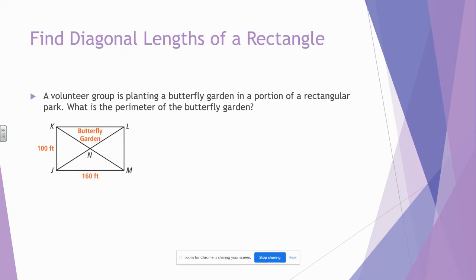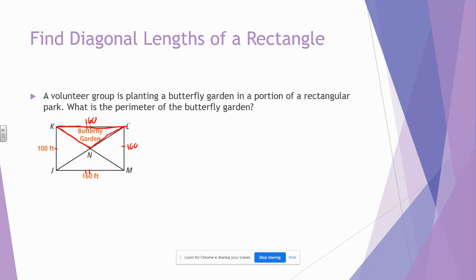Example 4. Let's go through this one. A volunteer group is planting a butterfly garden in a portion of a rectangular park. We want to find the perimeter of the butterfly garden. So we want to find the perimeter of this triangle right here. Since we know we have a rectangle, we know that this right here is 100, and then we know that this is 160.